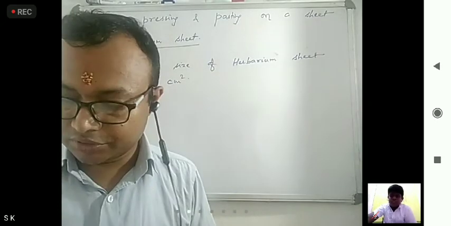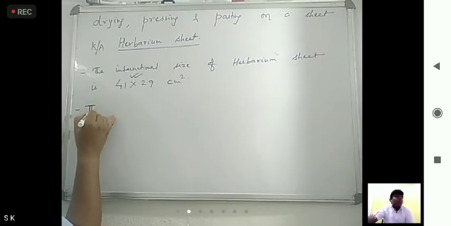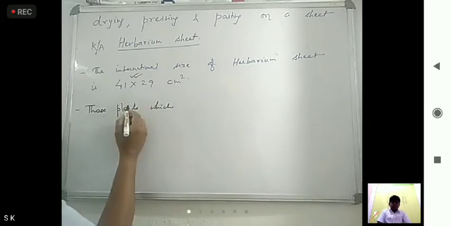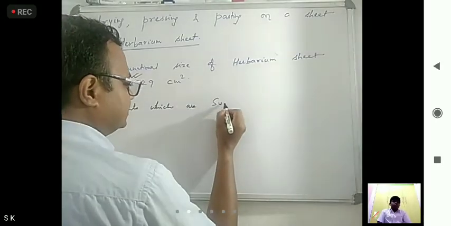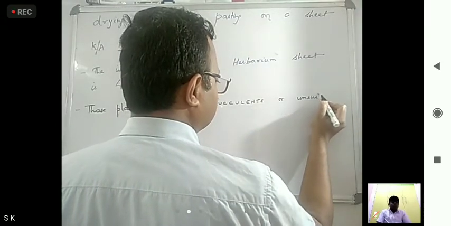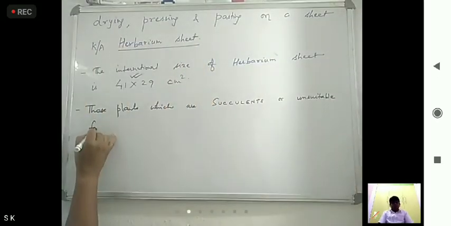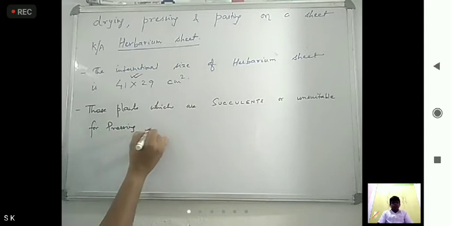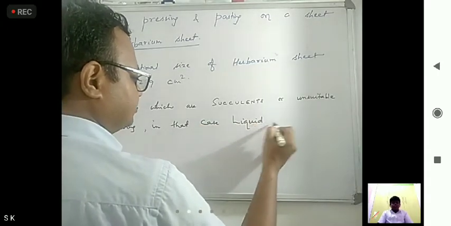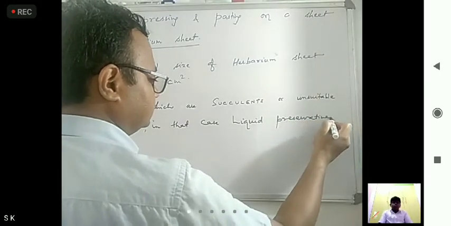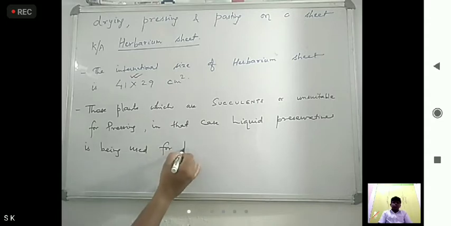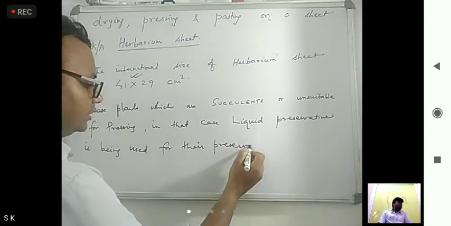Okay, so we have to come to that. What is that? Those plants which are succulents or unsuitable for pressing, in that case liquid preservative is used for their preservation.